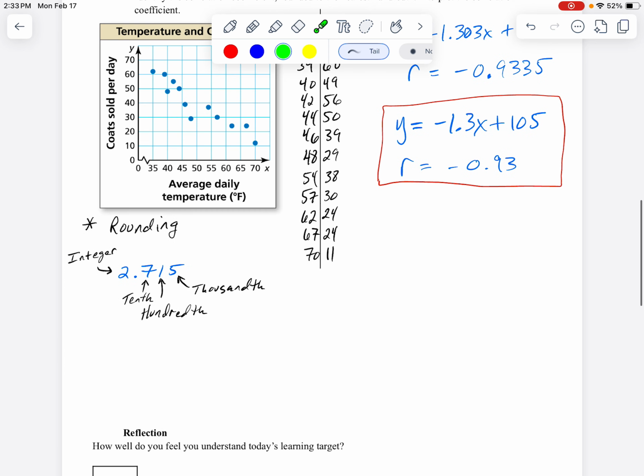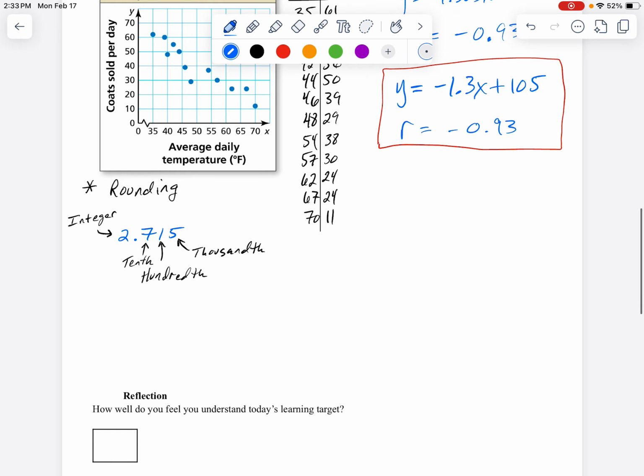So the correlation coefficient is always a number between -1 and +1. Okay? So it sits somewhere on this scale between -1 and +1.